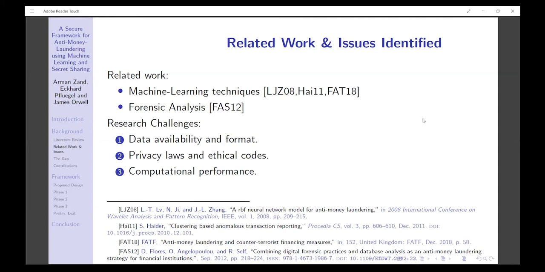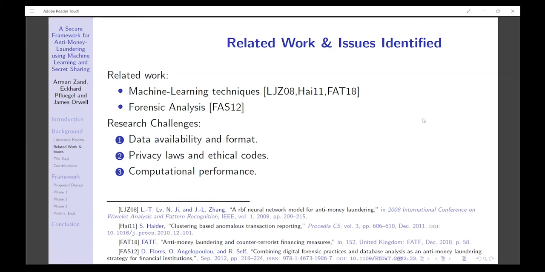Apart from that, there are more manual investigative techniques in forensic analysis. You might have heard of Forensic Toolkit, FTK, which is also used in anti-money laundering by some investigators. I actually went to talk to some of them, and they have some idea about what techniques money launderers use to launder money.